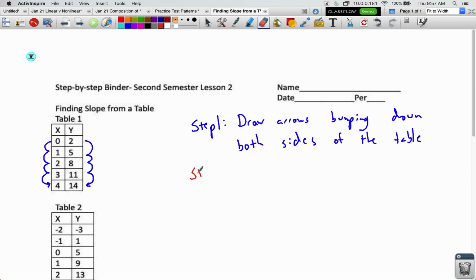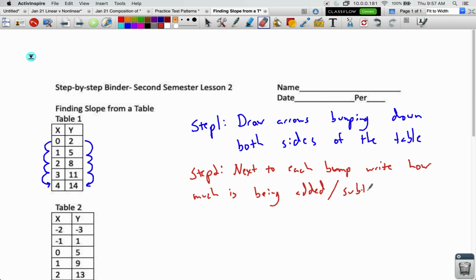Step 2. Next to each bump, write how much is being added or subtracted each time.